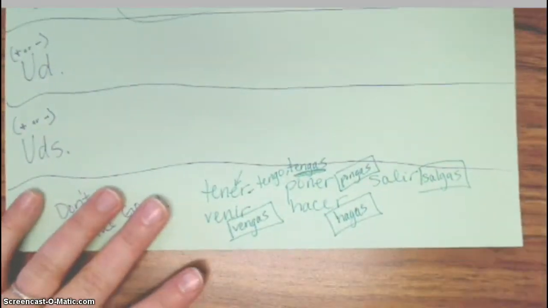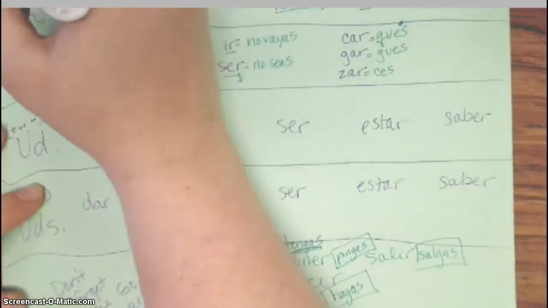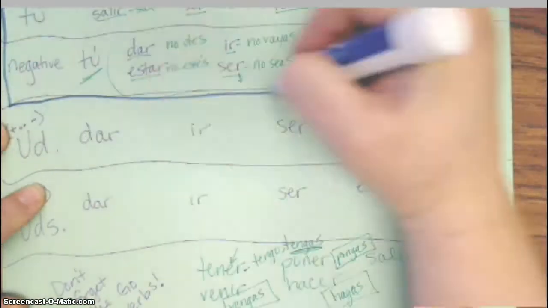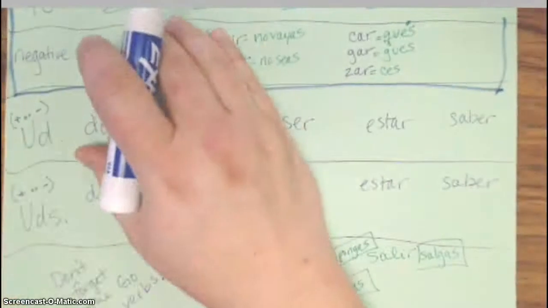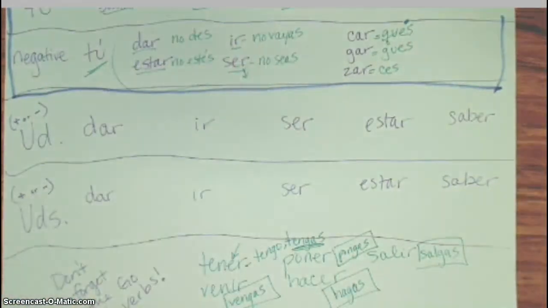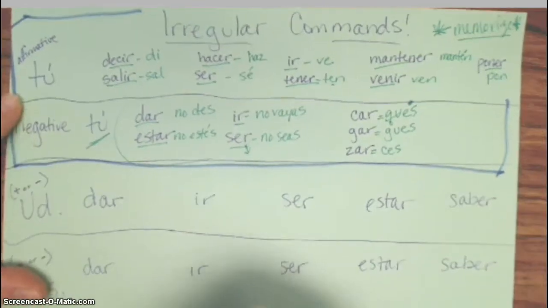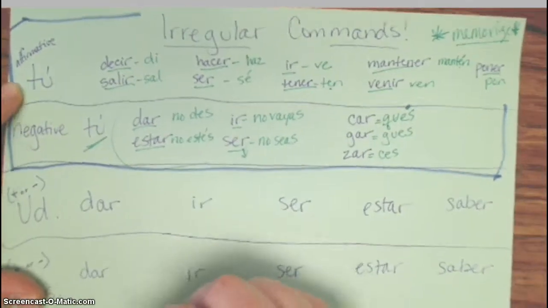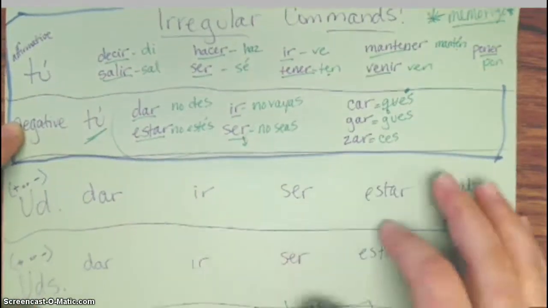So let's move down to usted and ustedes. And before we move on, let me just stop you right here and say that if I'm creating a list of things that I need to study for this test, this is the most important thing for me to study. Why? Because this is the starting point for everything else, right? So, and I'm sorry, I've highlighted affirmative tú commands and negative tú commands. So these are kind of the base for everything else, right?